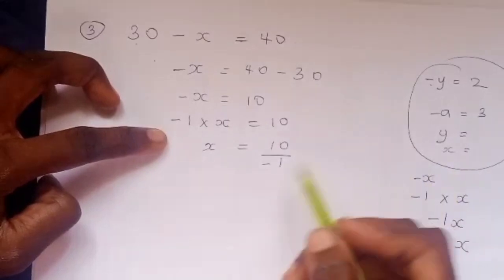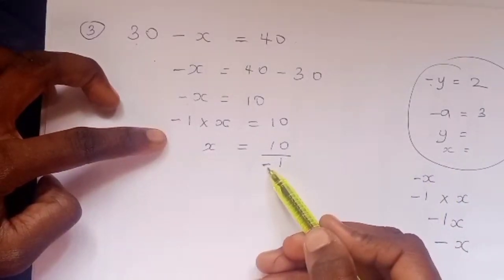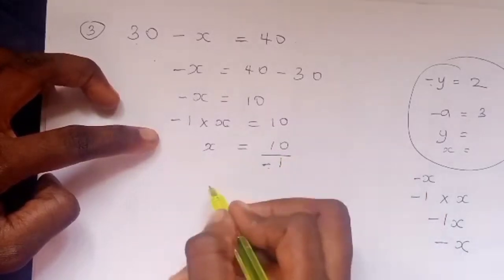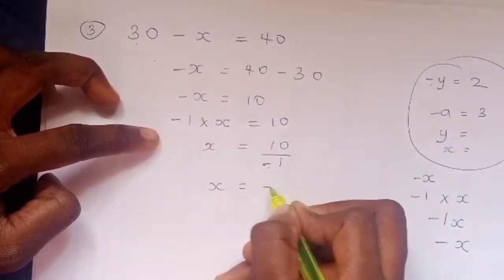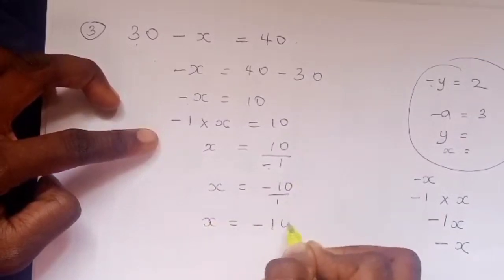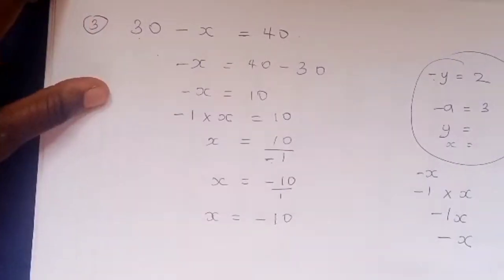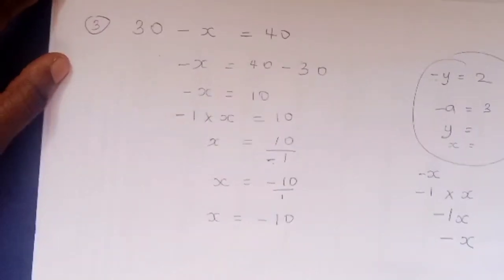And note, you must never leave your final answer with the negative standing at the denominator. It must always be at the numerator. So x will now be equal to minus 10 over 1. X is equal to minus 10. Anything divided by 1 will still remain that number. Now let us move on to the next example.